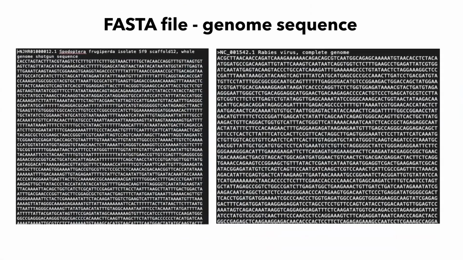You can see how it's just a continuous sequence with the reference of which organism that is. Typically that organism will also have an NCBI code, and then a description of what it is. So that is the FASTA format.